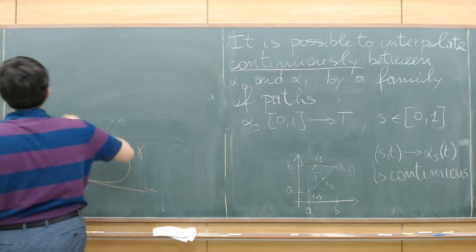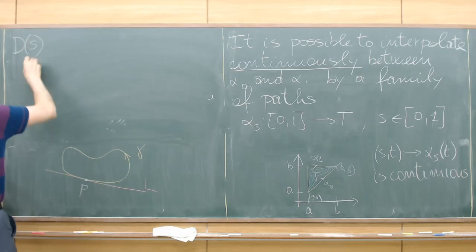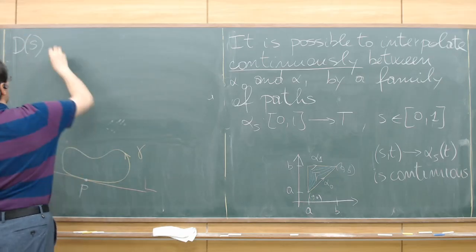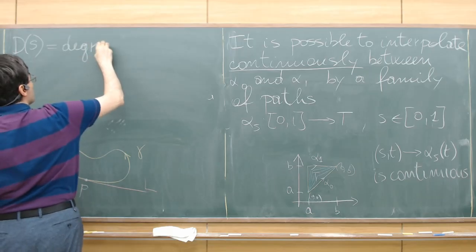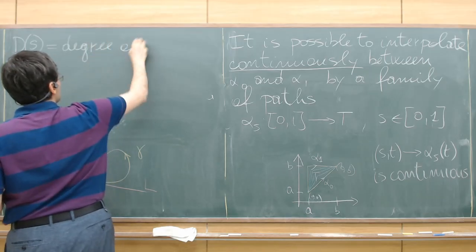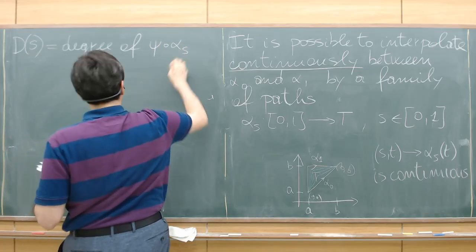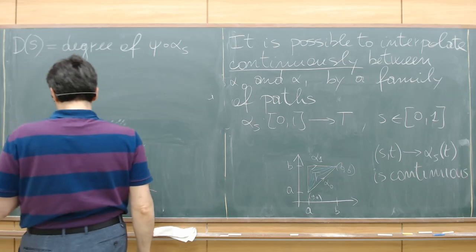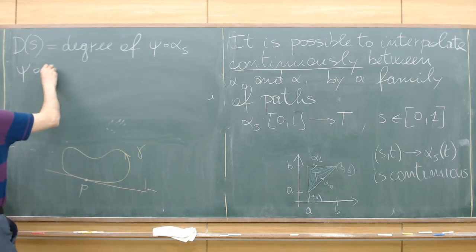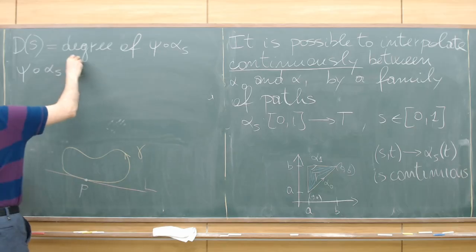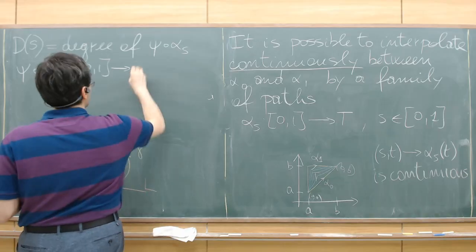Okay, now let's introduce a new function, d of s. This is the degree of psi composed with alpha s. Psi composed with alpha s is a map from [0, 1] with values in S1.